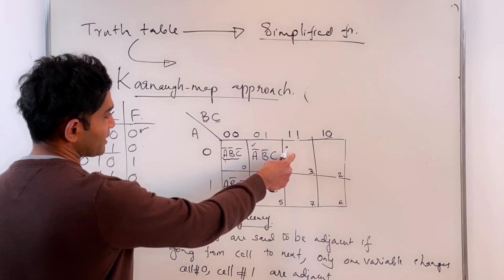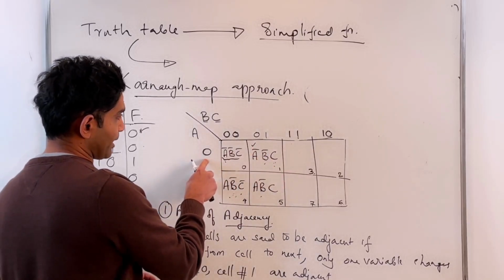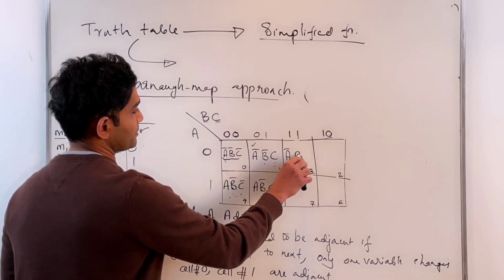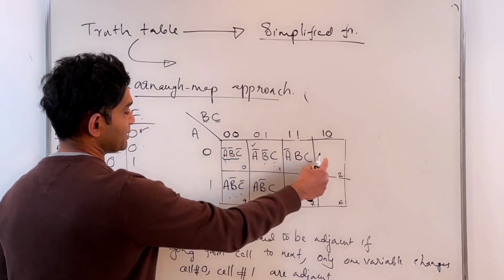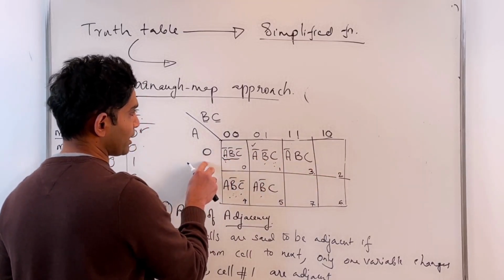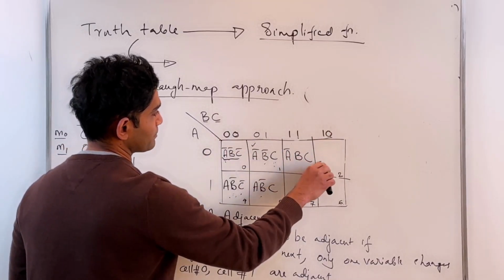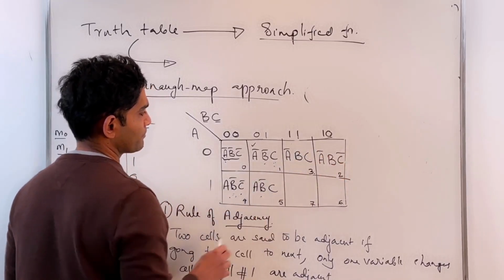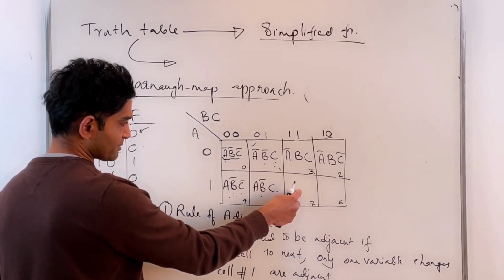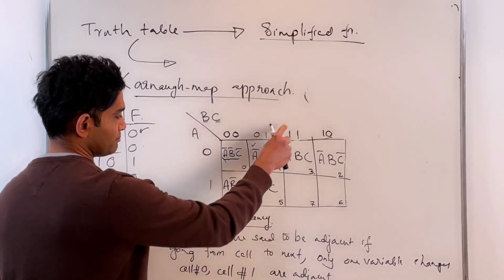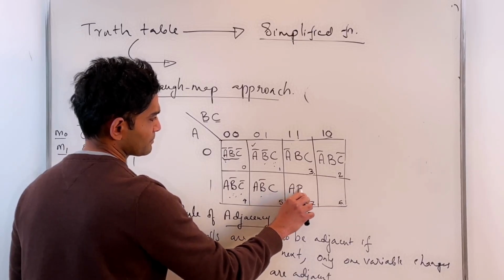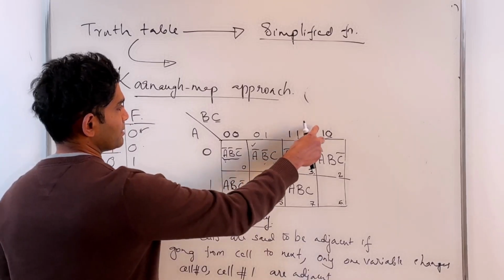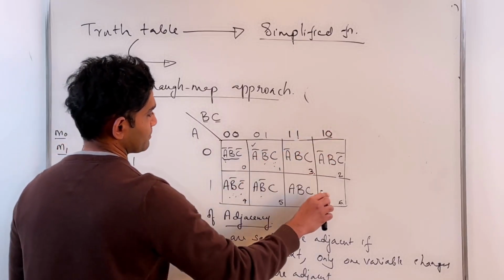The minterm corresponding to this cell now would be A prime BC, right? The minterm corresponding to this cell will be A prime, B, C prime. The minterm corresponding to this cell now becomes A, B, C. And this cell would be A, B, C prime.